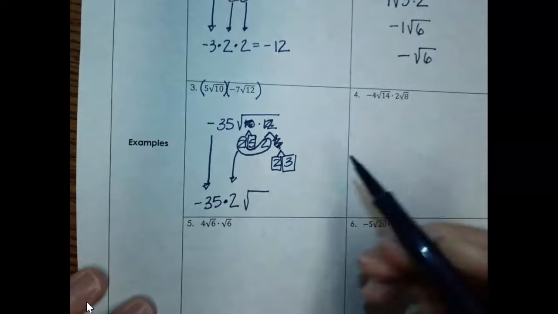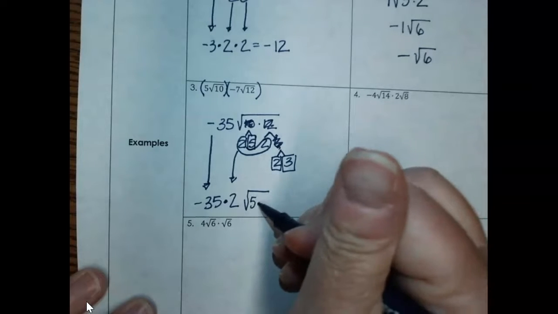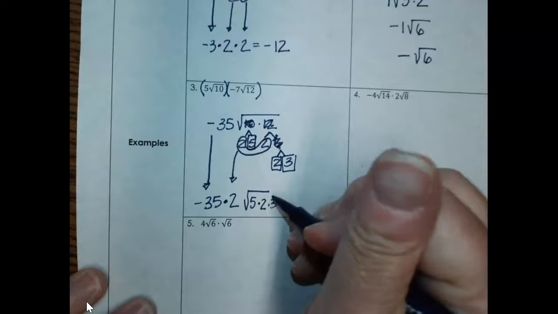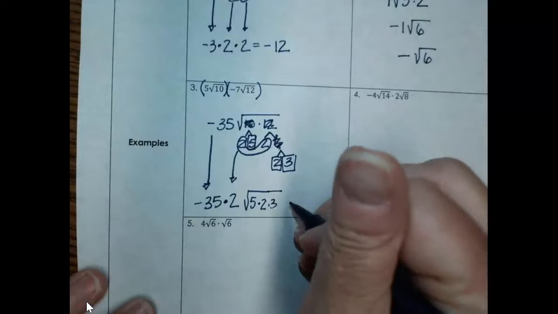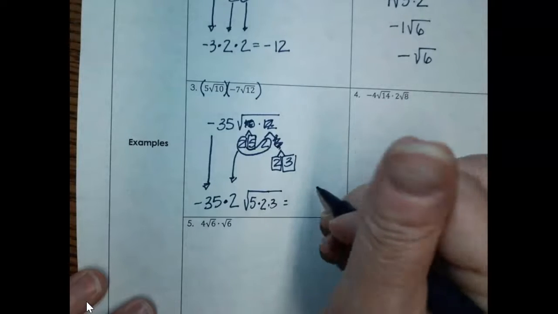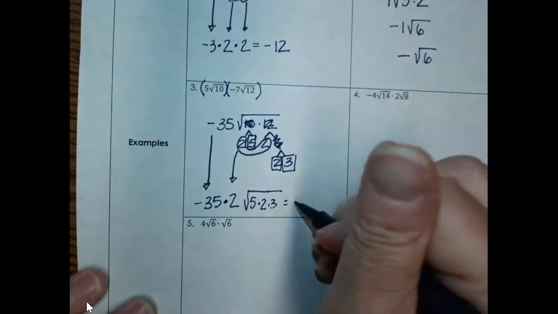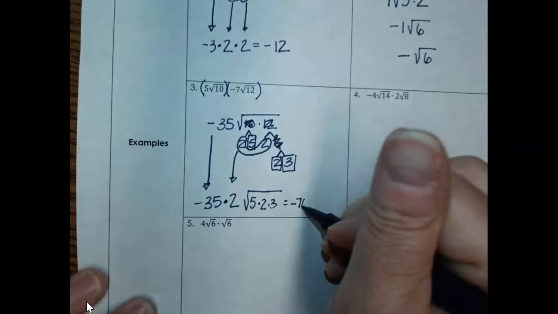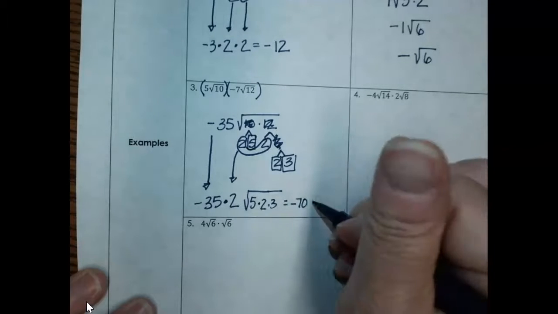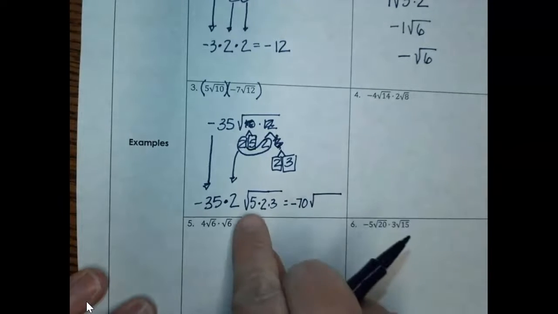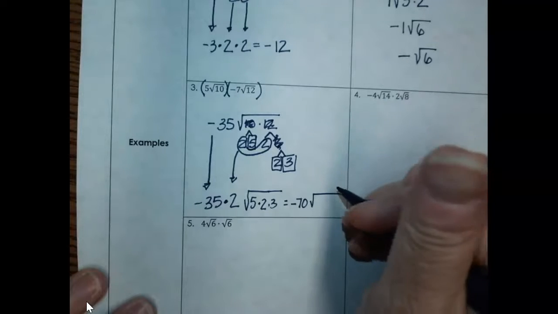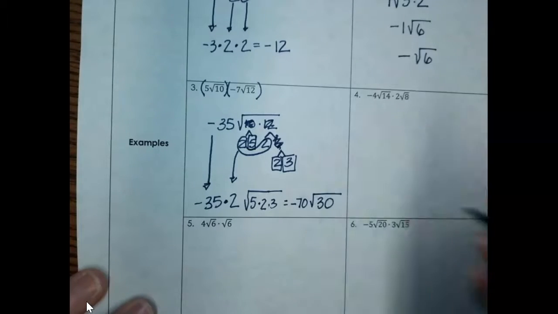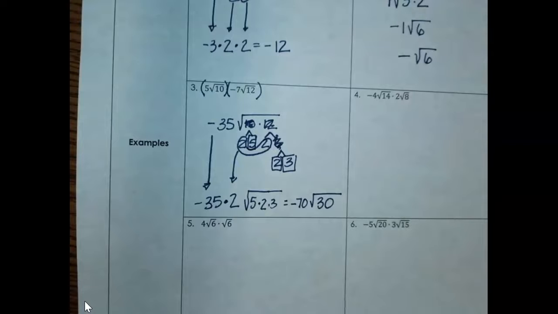That means they're going to go back underneath. 5 and 2 and 3 go back underneath the radical and we'll multiply back together. And we get negative 70 square root, 5 times 2 is 10, times 3 is 30. Negative 70 square root 30.